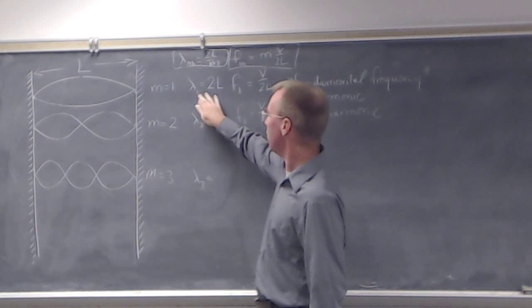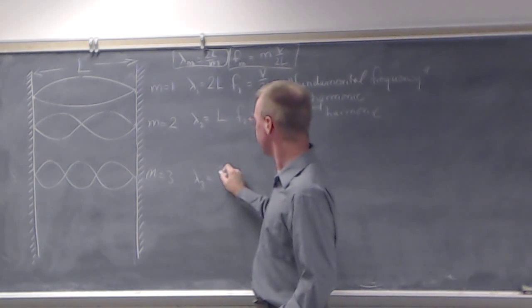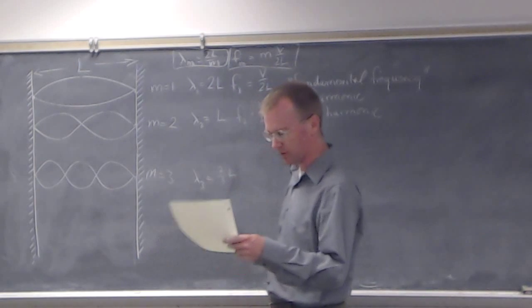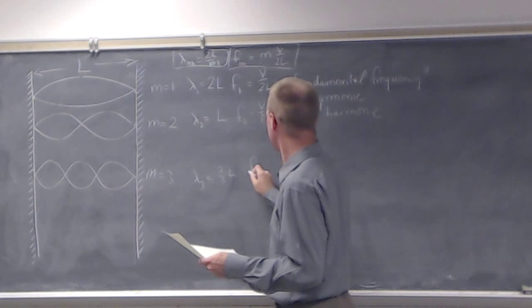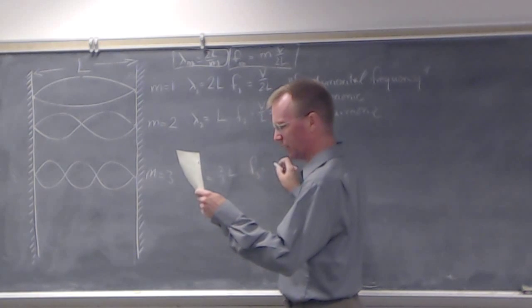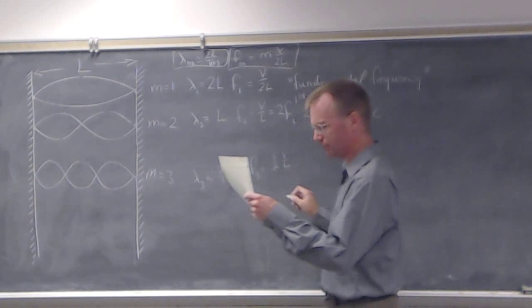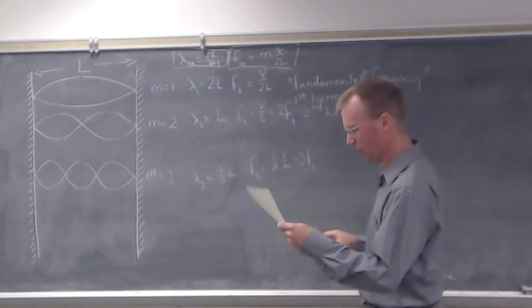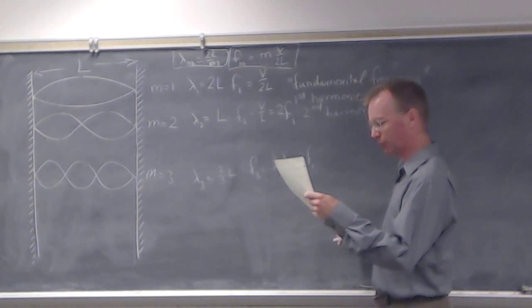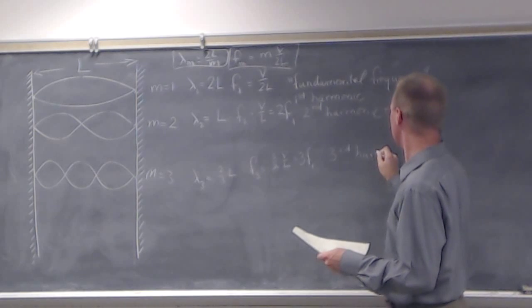We start off with the longest wavelength we've got available, and now it's 2/3 of the cavity length. The frequency is 3/2 V over L, which is equal to 3 times the fundamental frequency. And this is the third harmonic.